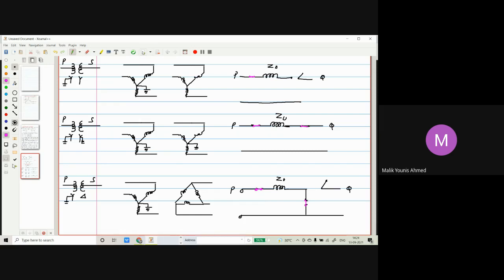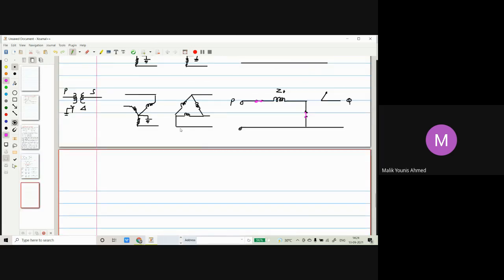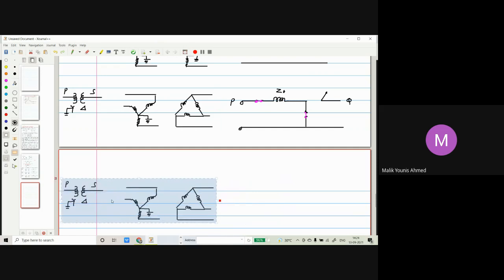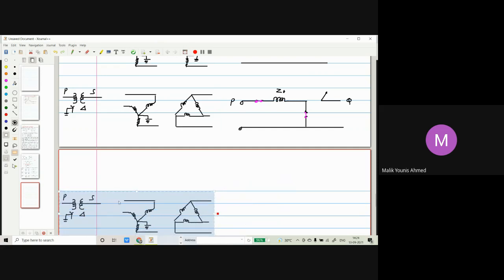Next page will move. Okay, what do I have? Star and delta. So I will take this combination. I will copy this, and paste it here.